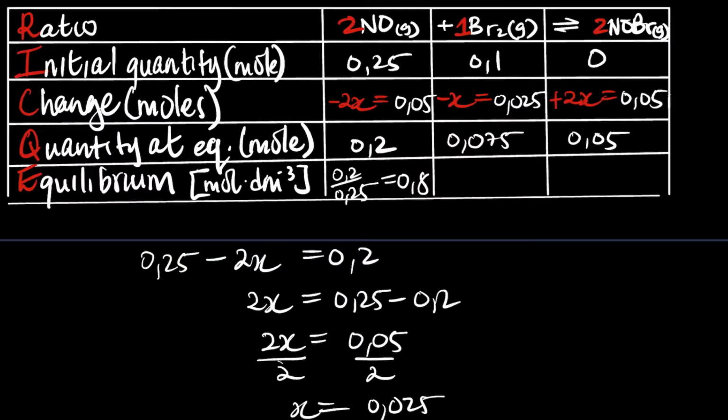Then 0.075 divided by 0.25 is 0.3. And then 0.05 divided by 0.25 is 0.2.